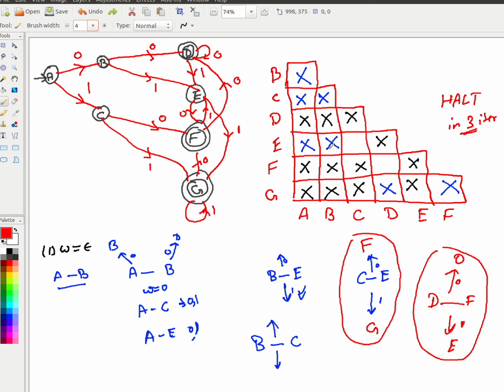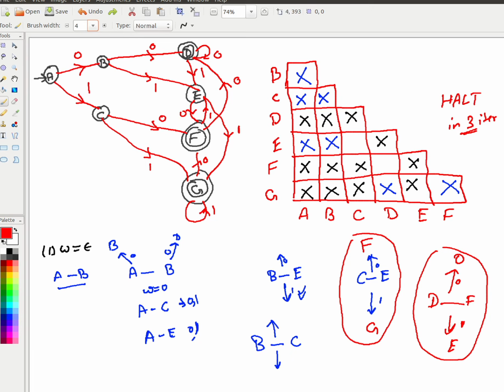If you are able to prove so, that means whatever you were unable to mark as distinguishable are certainly equivalent. It should not happen that you marked only a partial set of distinguishable pairs and some are still missing, so that for some states there is always a doubt whether they are equivalent or distinguishable. So you have to prove that this algorithm finds all distinguishable pairs. If you are able to give the proof, then by default the remaining ones are equivalent.